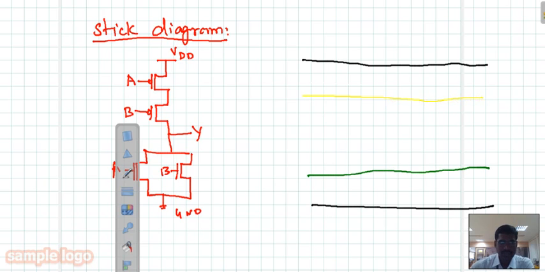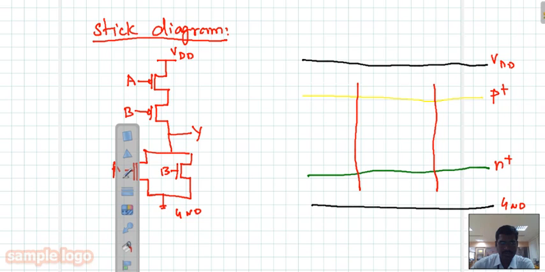Polysilicon we draw using red color. So when our polysilicon crosses the P plus or N plus region, then one transistor is formed. So here these are VDD and these are ground. Okay, and for the connection of the output, you have to use blue color.